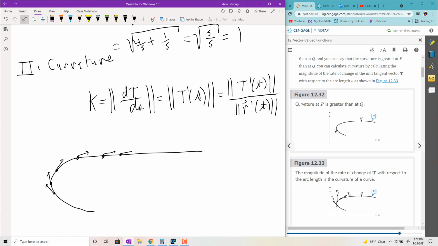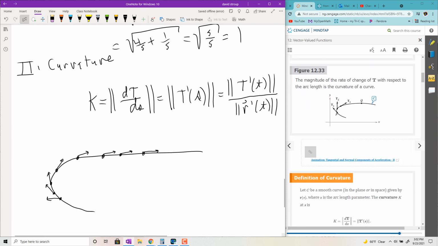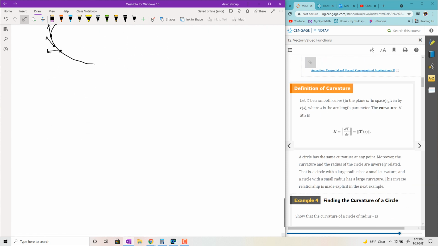See how the unit tangent vectors are pretty much the same as you go further down. But on the corners, that unit tangent vector is changing rapidly. So the curvature would be high on the corner, but then it would slow down as we get to a straightaway. And that's basically what you're talking about in a nutshell.